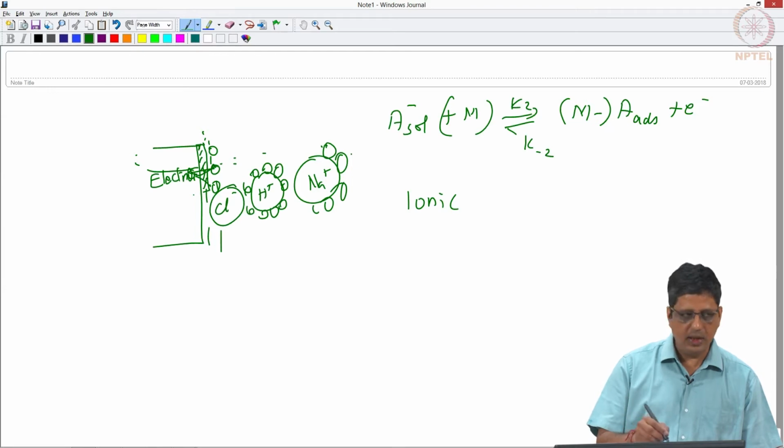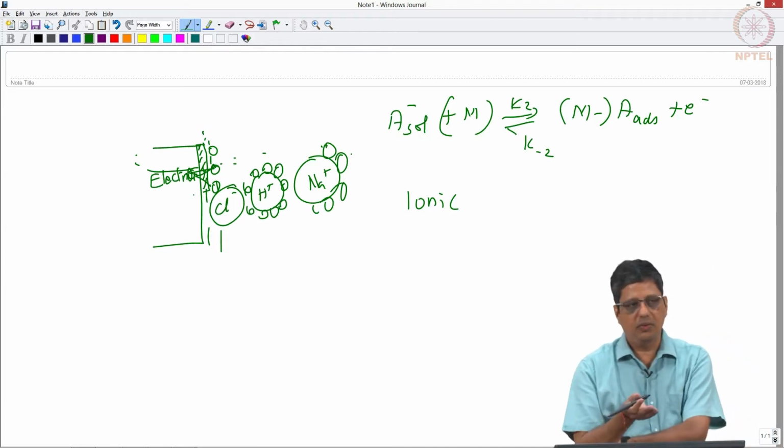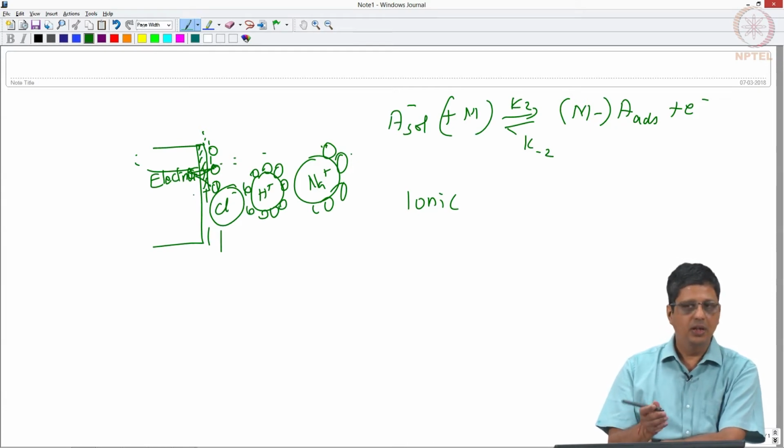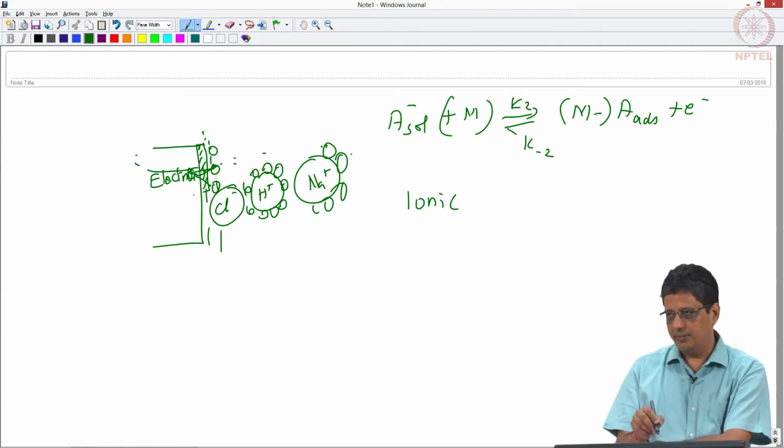We are considering only ionic liquid here. Ionic liquids can be salt dissolved in water, acid or base in water. Mostly we are looking at aqueous or water based solutions. But even in other cases, in electrochemistry we normally look at ionic conductors in the liquid phase and electronic conductors in the solid phase.